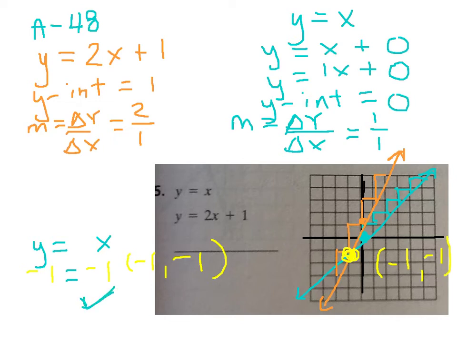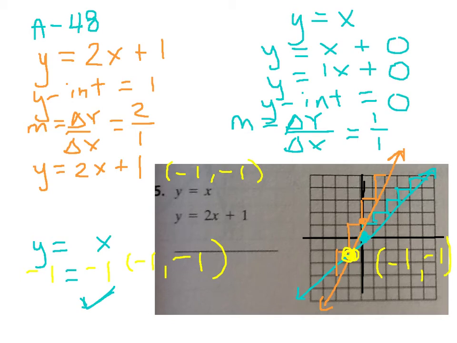And then if I plug it into the other one, where I have y is equal to 2x plus 1, once again, I'm going to make sure that the point negative 1, negative 1 satisfies that equation.